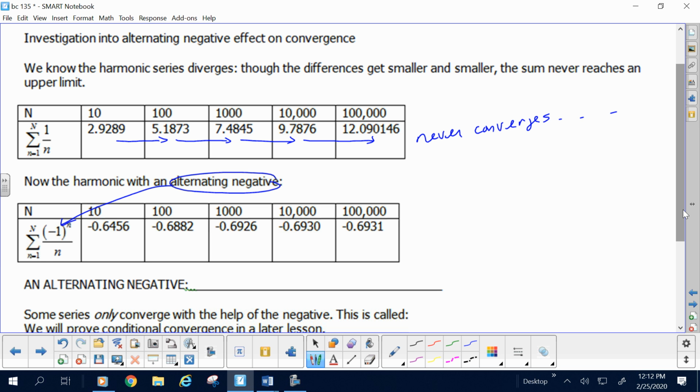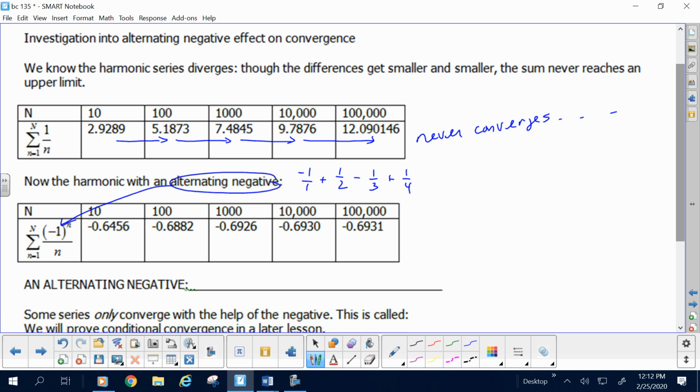Now, it helps actually to do a term or two. The first one is negative 1 over 1, plus 1 over 2. When we go to an even exponent it becomes positive, an odd exponent, back to negative, even exponent, and so on.